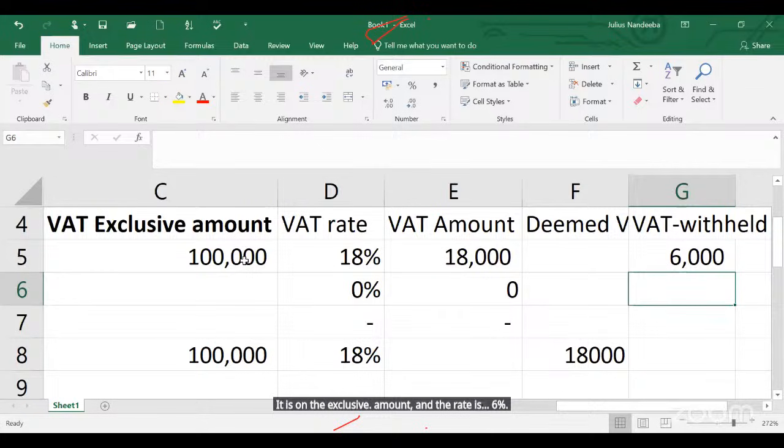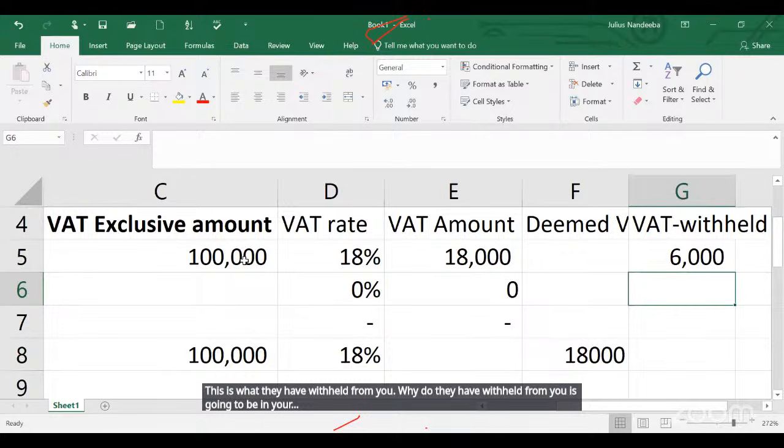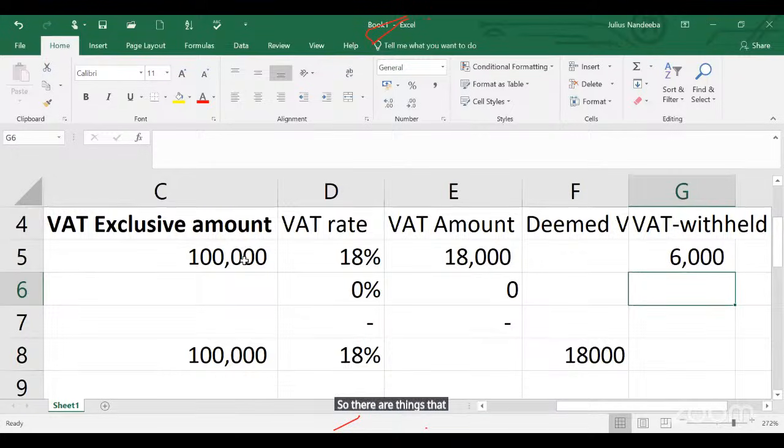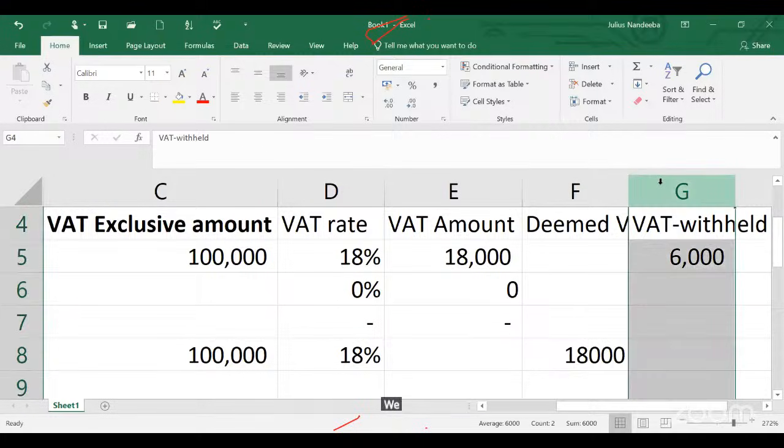This is what they have withheld from you, and it is going to be in your sales schedule. So there are things that could happen in your schedule. We have warned you of the VAT withholding. What are the conditions? My customer that I am selling to is a designated agent and I am not exempted.